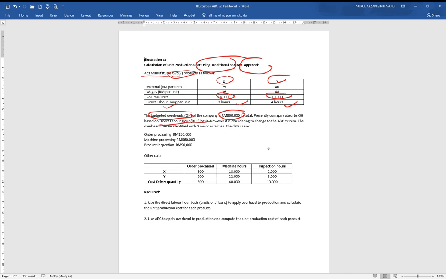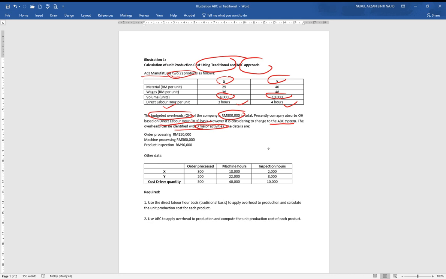So presently the company absorbs overhead based on the direct labor hour basis, meaning that the company currently absorbs the overhead based on a single basis, which is the direct labor hour, and the company is considering changing to the ABC system, and the overhead can be identified with three measures of activity, because if you want to use the ABC system, you need to determine what are the activities involved in order to produce the product.